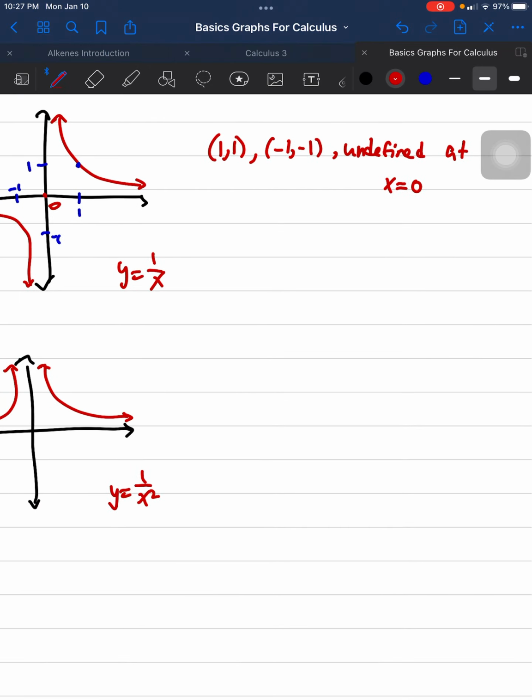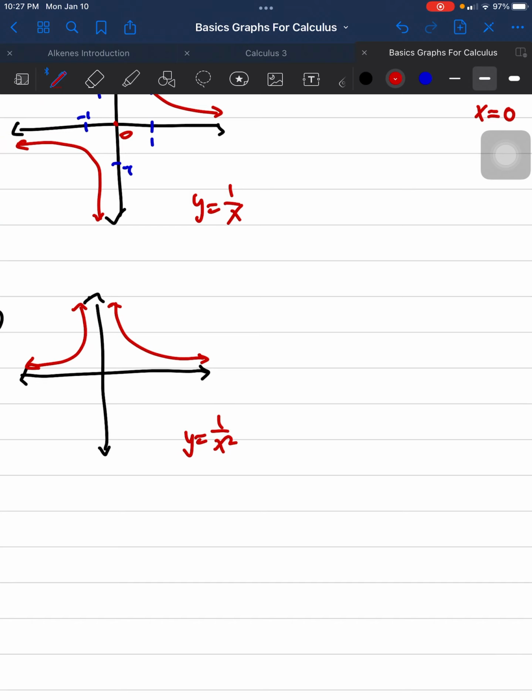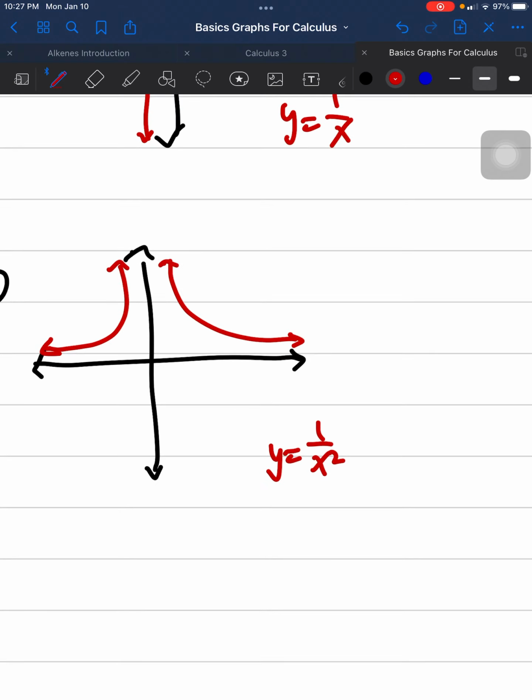And its critical points, you can once again plug in values. When you plug in 0, it's going to be undefined because at x equals 0, there's no value for y because it gets closer and closer to 0, but it never reaches 0. Now when you plug in x equals 1, y is equal to 1.